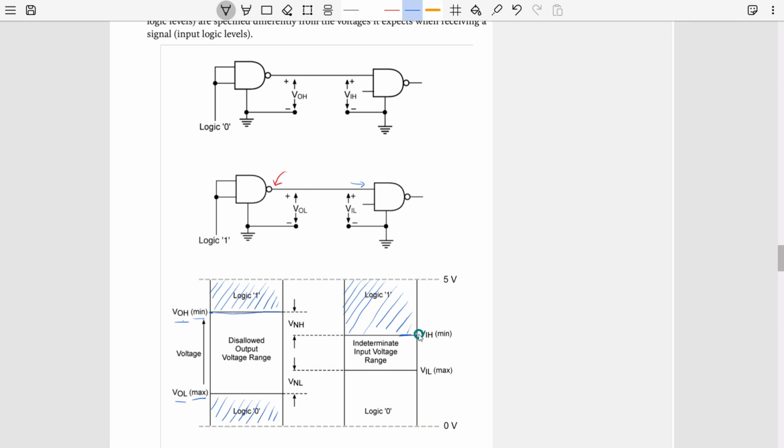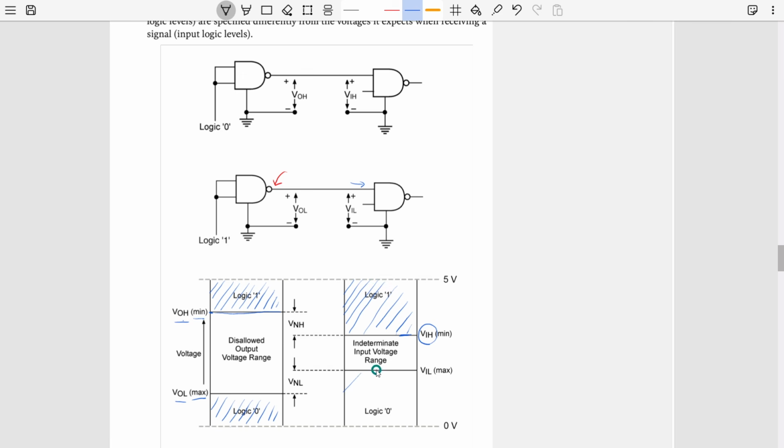So this is the minimum value we should provide, and we can never go below that. If I want to provide logic high, this amount is called VIH, right? This is kind of like an instruction for using this logic gate. If you want to input a logic high signal, you have to obey this rule. You can give any voltage within this region, but you can never go beyond VIH. And the same goes for the low signal as well.